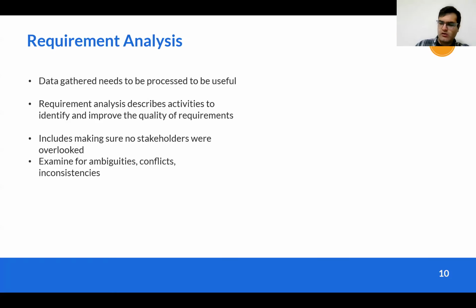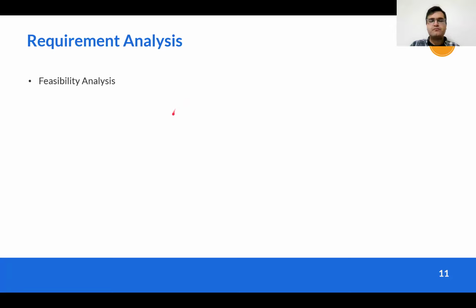People in the survey said that they want this feature, but people in the focus group were talking about how that's unnecessary and a waste of time, right? So it lets you identify such things, and then maybe you have to arrange another interview or create another survey to find out more.